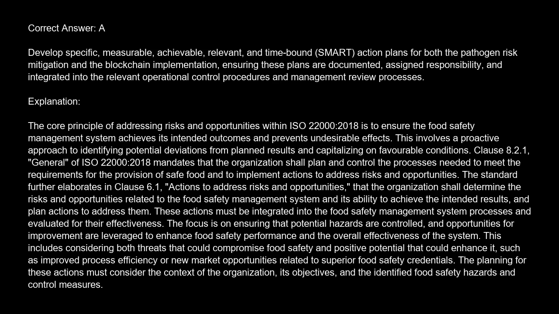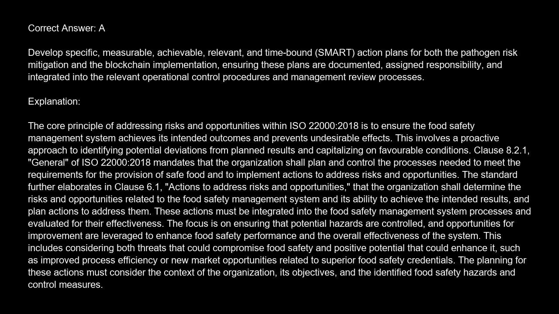This involves a proactive approach to identifying potential deviations from planned results and capitalizing on favorable conditions. Clause 8.2.1 General of ISO 22000-2018 mandates that the organization shall plan and control the processes needed to meet the requirements for the provision of safe food and to implement actions to address risks and opportunities.